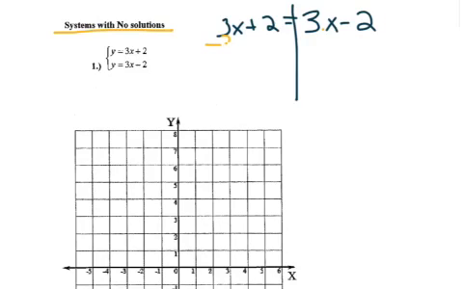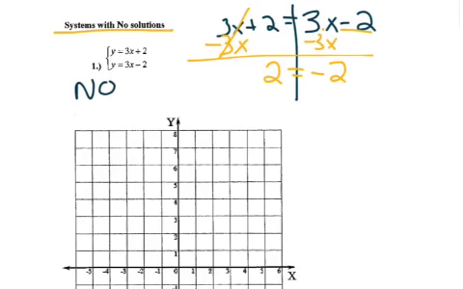So if I would subtract 3x from both sides, these would cancel. I'm left with 2 is equal to negative 2. In your life, does 2 ever equal negative 2? No. That's why there's no solution here.